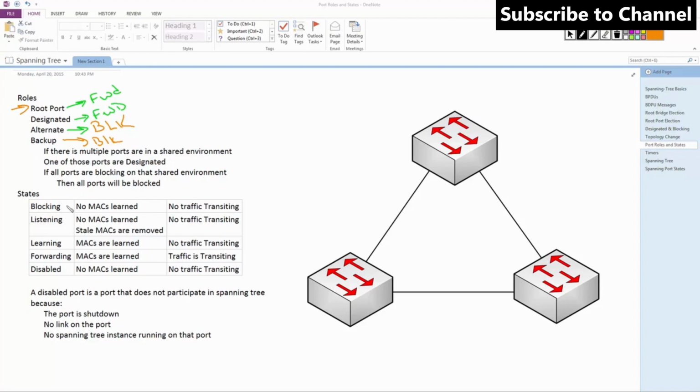I know I said vice versa, but really, you have to have the port role in order to have whatever state it's in. I guess you can consider it chicken and egg. You can't have one without the other. So I guess vice versa will work. But nonetheless, this is our port states and our port roles.